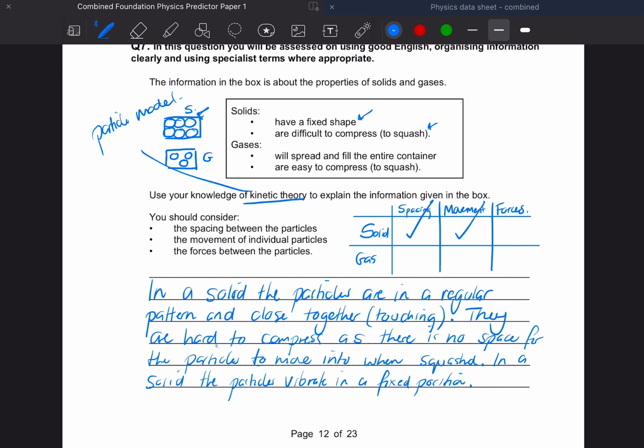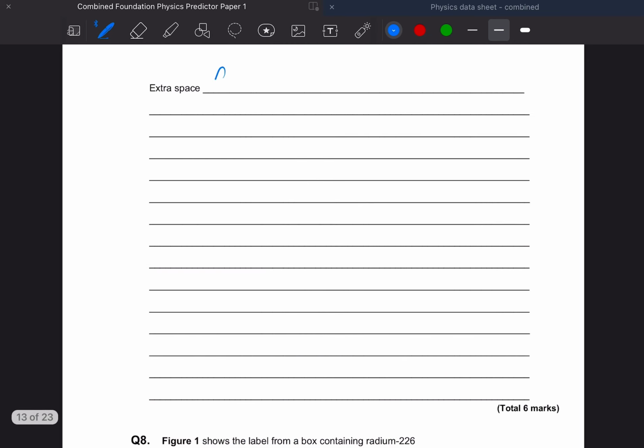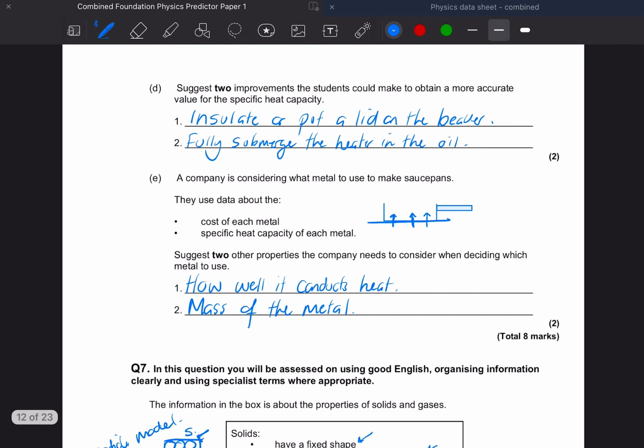The last thing is the forces. Now I'm going to move on to the next page because I've got extra space. The forces between particles in a solid are strong. So they've got strong forces.